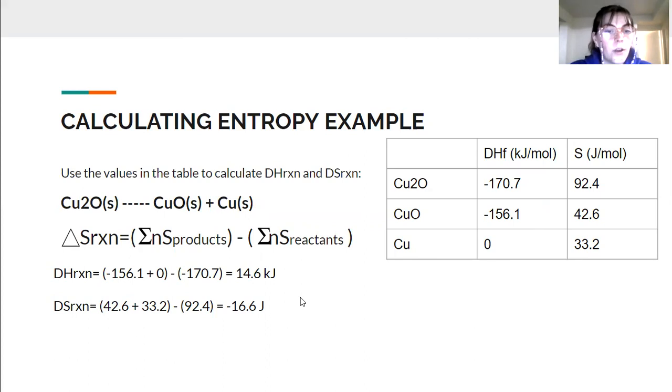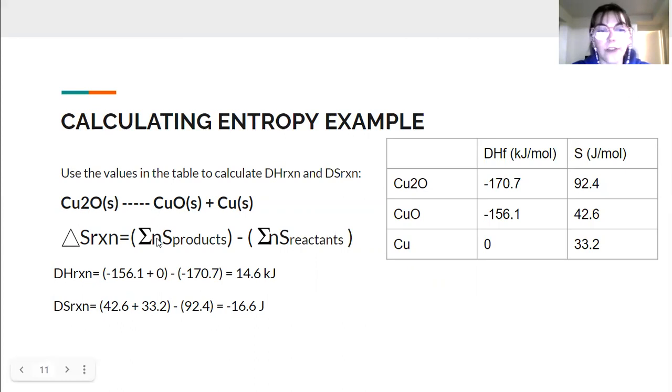So we are going to use this reaction where we have copper(II) oxide, turning it into copper monoxide and elemental copper. We're going to use this equation for both the delta H and the delta S. We're going to do our products minus our reactants. And we only have 1 mole of each of these things, so we're not going to have to multiply by this n.